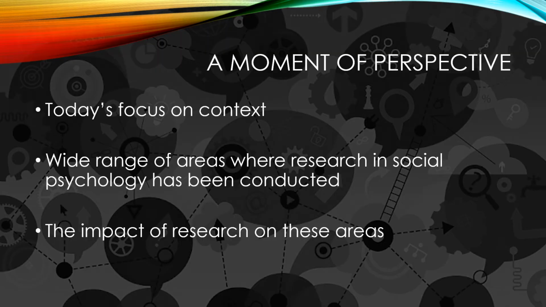If you've noticed as we progress throughout this class, what we've aimed to do up until this point is try to cover the different general branches of interest that social psychologists discuss.